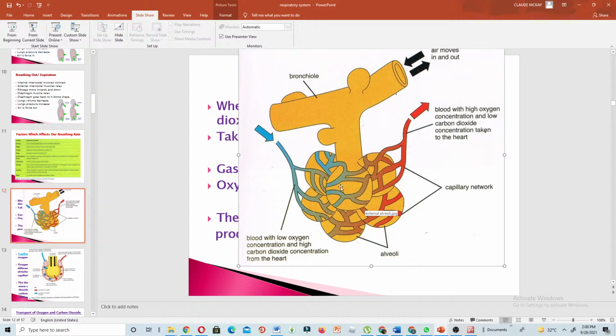We actually have 1, 2, 3, 4, 5, 6. Any process that is taking place in one of these alveoli is the same process taking place in the millions of others. So we don't need to study all of them. We just need to study one, because anything that is taking place in one is taking place in the others.